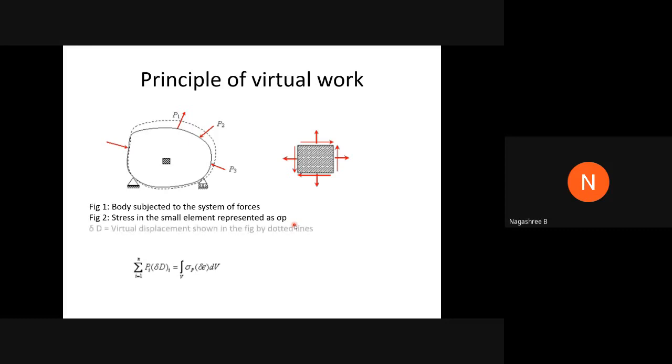Next, I assume delta D as the virtual displacement. Virtual displacement is nothing but the imaginary displacement or imaginary deflection caused due to the forces. So let the body undergo a set of compatible virtual displacements delta D. These displacements are imaginary.